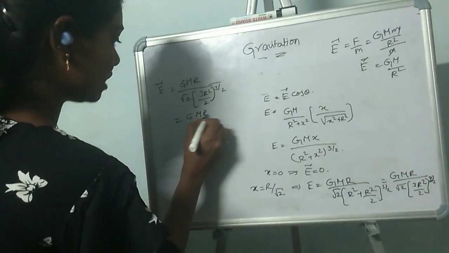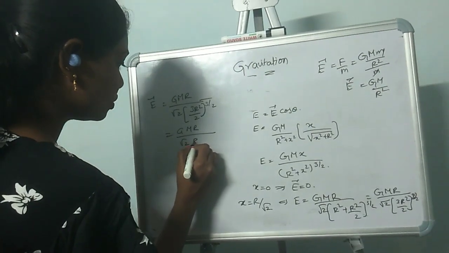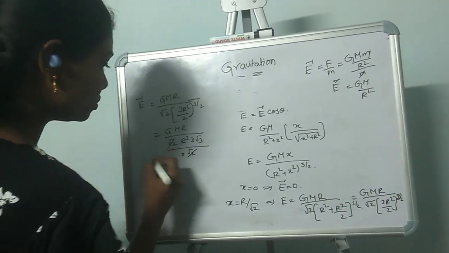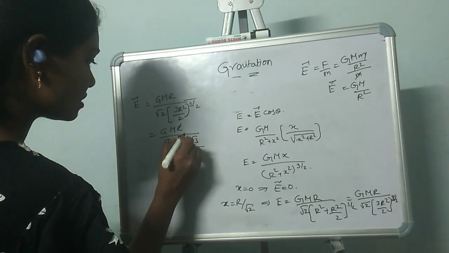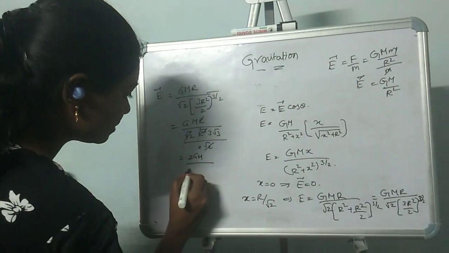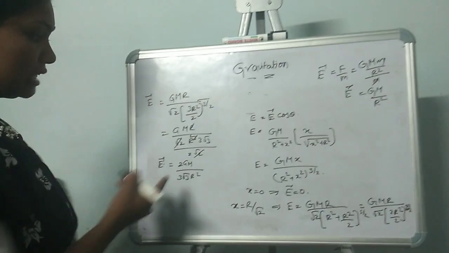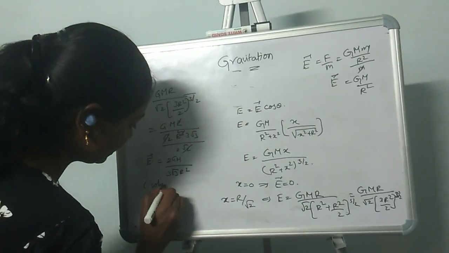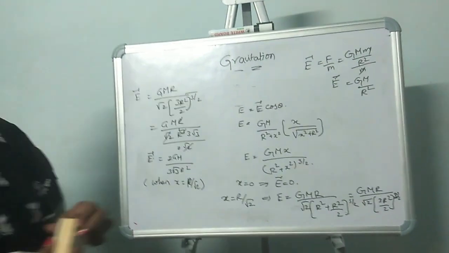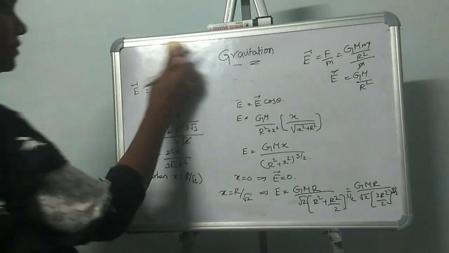That equals 2 G m by 3 root 3 R square. That is the E bar when x equal to R by root 2. When x equal to R by root 2, we get the E bar value 2 G m by 3 root 3 R square.